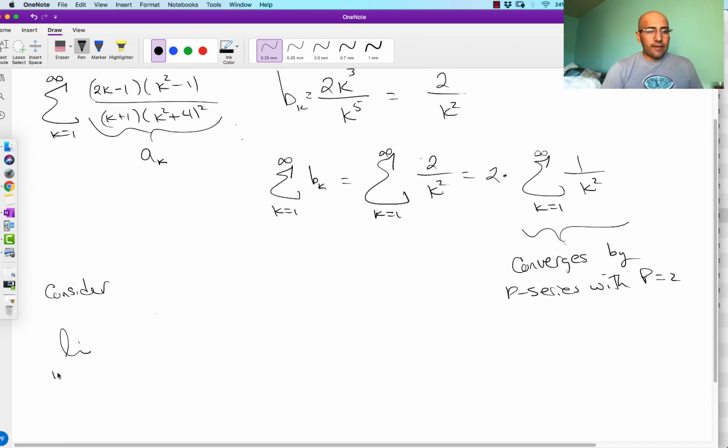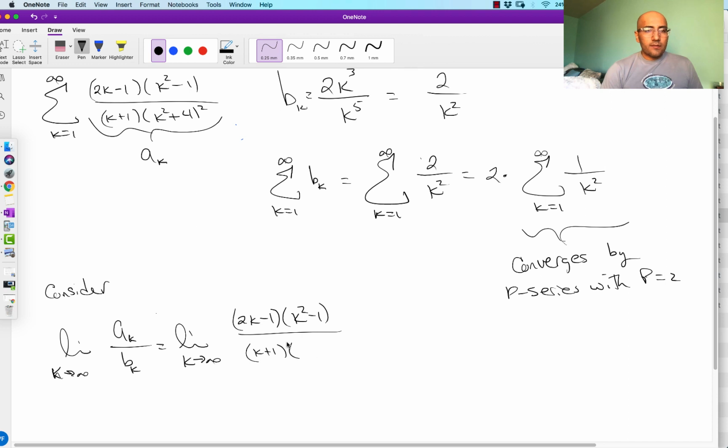Consider the limit as k goes to infinity of a sub k over b sub k, which is equal to the limit as k goes to infinity of a sub k, which is equal to 2k minus 1 times k squared minus 1 divided by k plus 1 times k squared plus 4 squared, times 1 over b sub k, which ends up being k squared over 2.